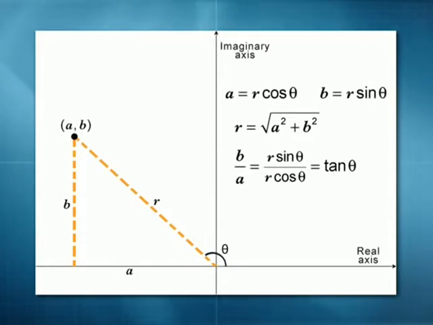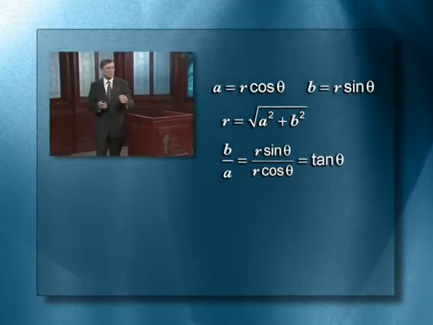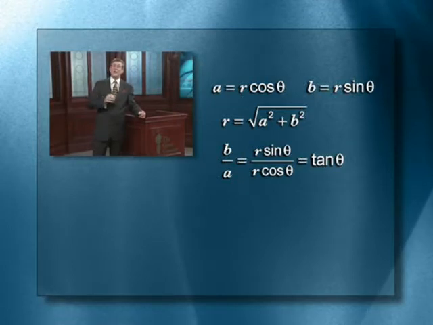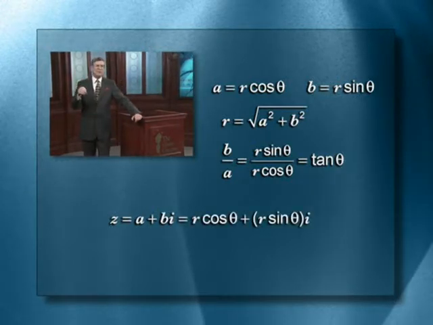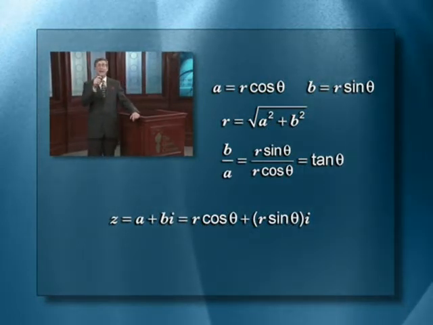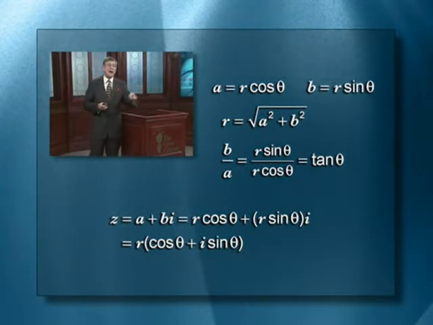So, what's the trigonometric form of our complex number? Well, let's call the complex number z. That's a very common letter, by the way, for complex numbers. z is a plus bi, and that's r cosine theta plus r sine theta times i. And i here, of course, is the square root of -1. So that's r times the quantity, cosine theta plus i sine theta.